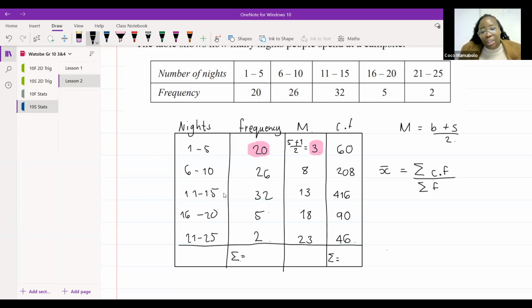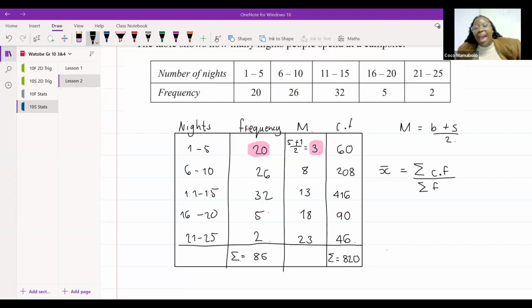Pascal is saying that the cumulative frequency altogether is 820. Excellent. Now, what is the sum of the frequency? 85. Excellent.